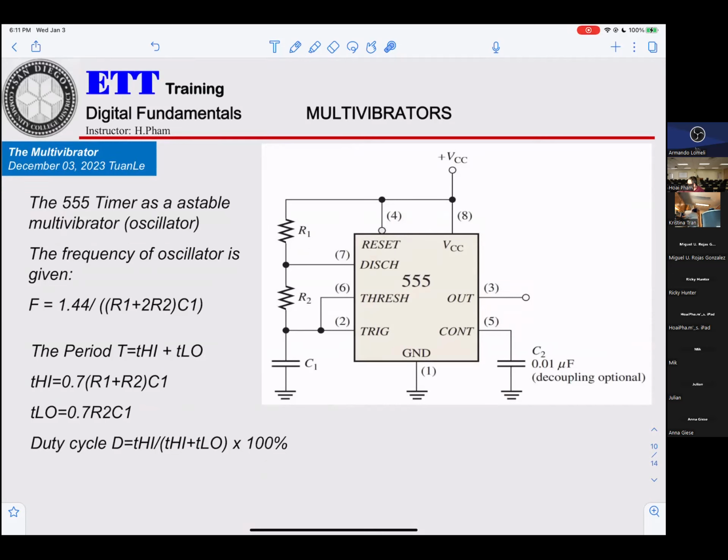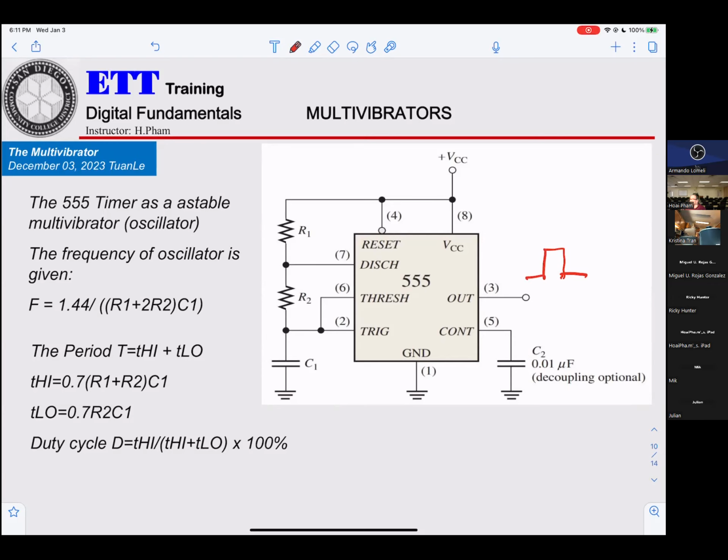And also, there's a little more detail. The 555 timer as an astable multivibrator. You understand the first one, we told you it's a one shot. That means every time they get a trigger, the output goes 0 to 1, and then goes back down, just a 1.